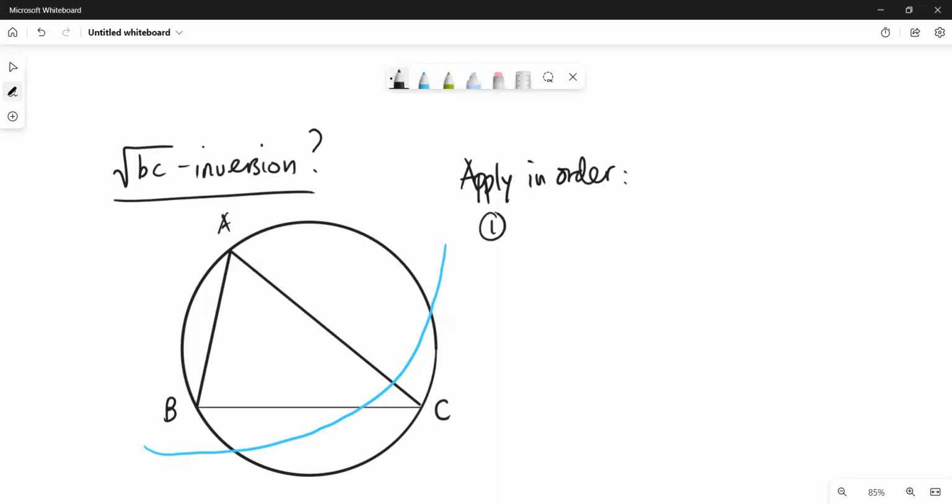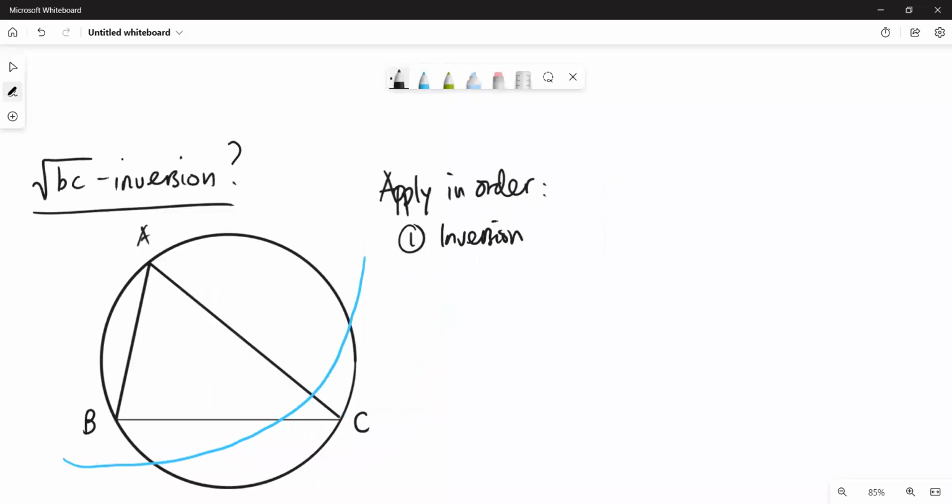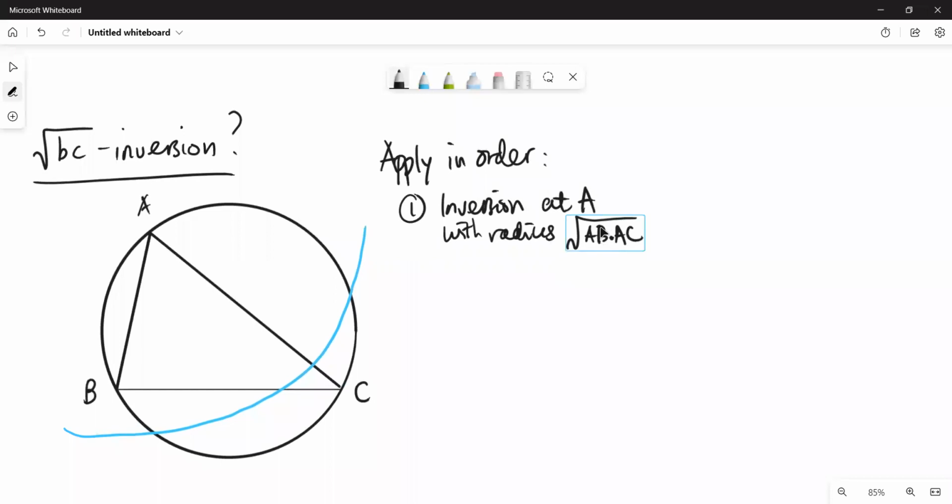So first, inversion centered at A, with radius square root AB times AC. So that's why it's called square root BC. Okay, I'll tell you why later.